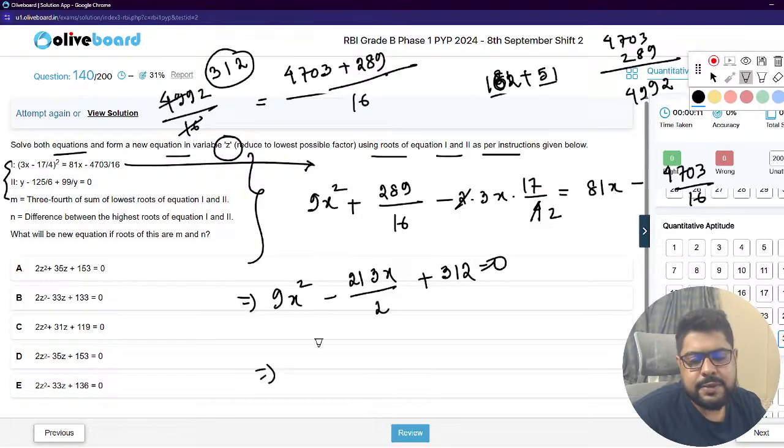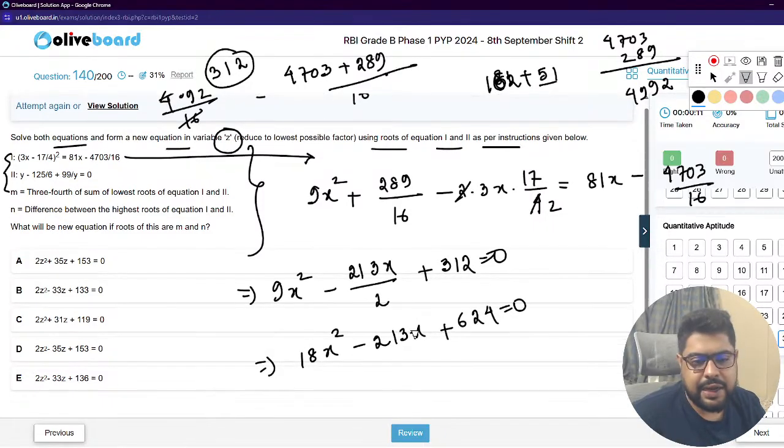Let's do one thing, sir. 2 से multiply कर दो: 18x square minus 213x plus 624. I can take 3 common, divide by 3. So 6x square minus 71x plus 208.